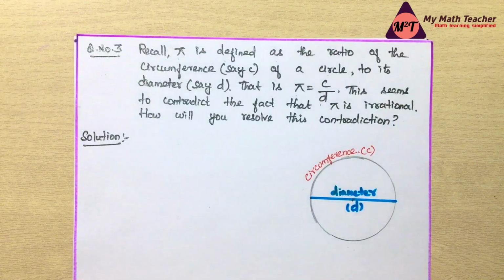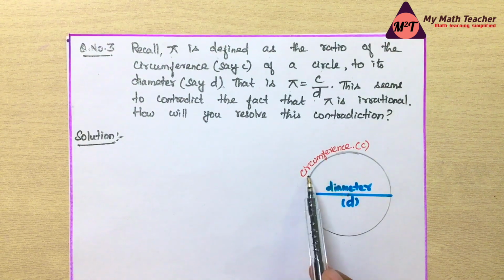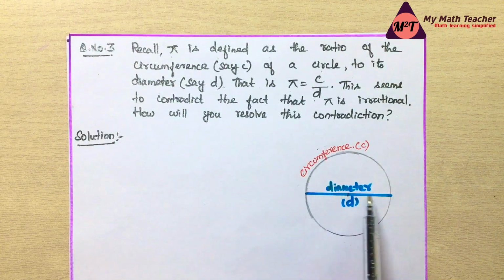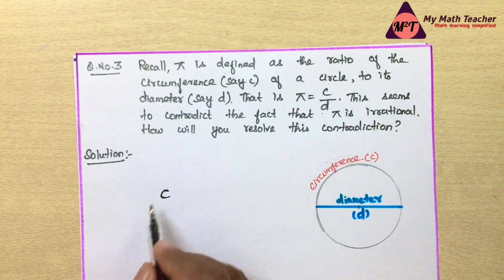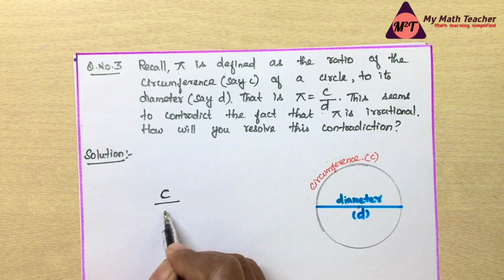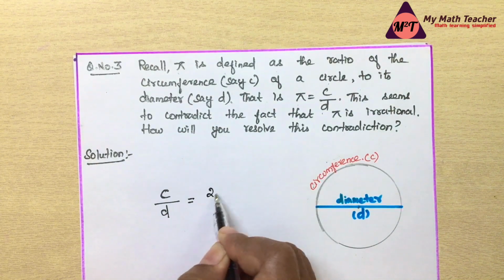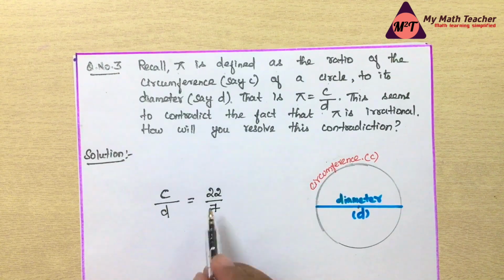We have already studied that in a circle, when you divide the circumference c by its diameter, the value is always 22 by 7. This is constant irrespective of the size of the circle.